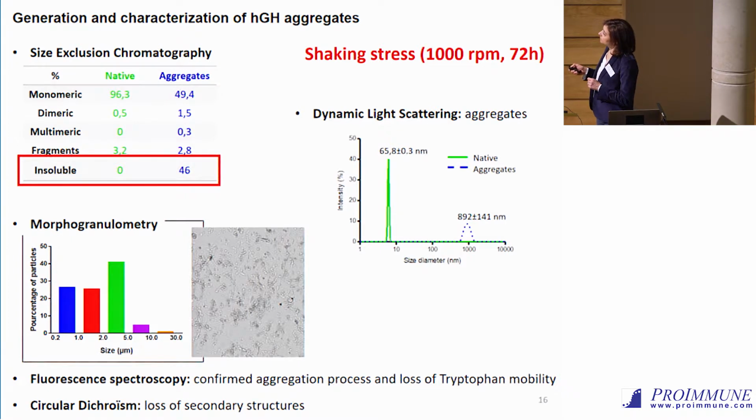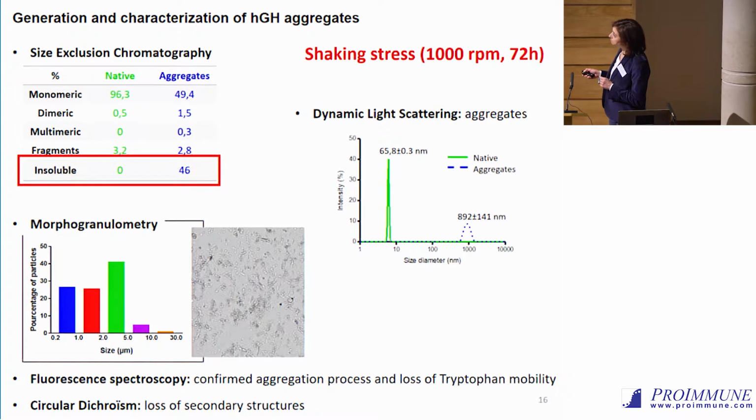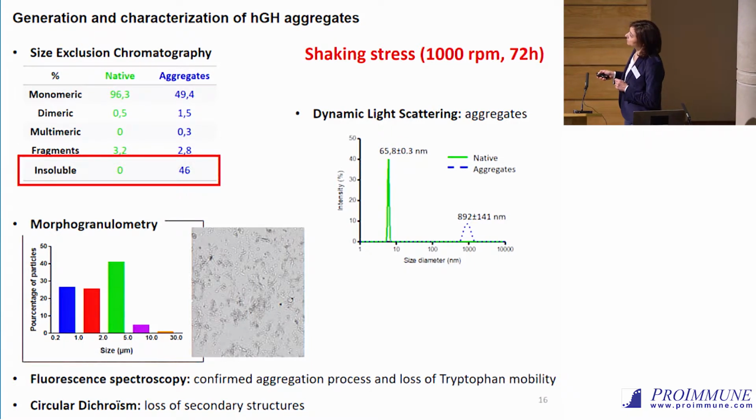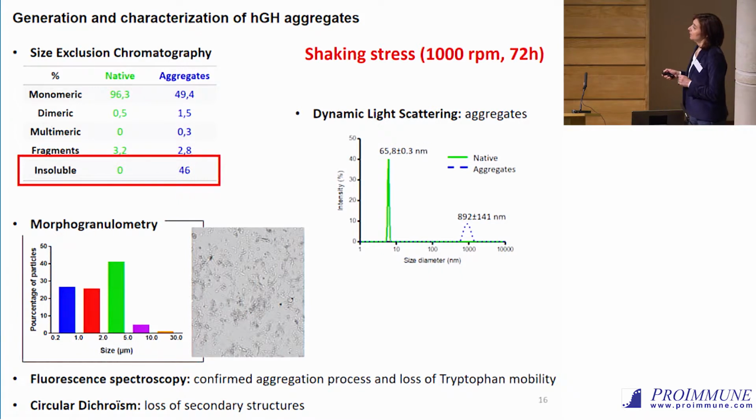And with morphogranulometry, we were able to show that there were bigger particles ranging from 1 to 5 micrometers. And also we performed some fluorescence spectroscopy and circular dichroism to confirm that mainly all the protein was in a denatured manner.